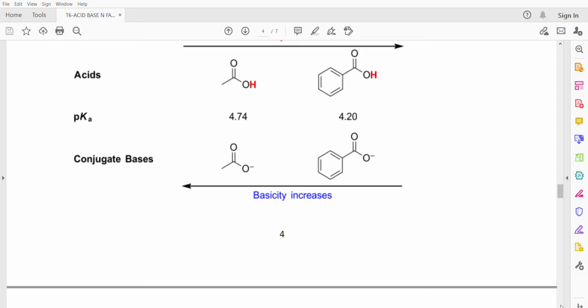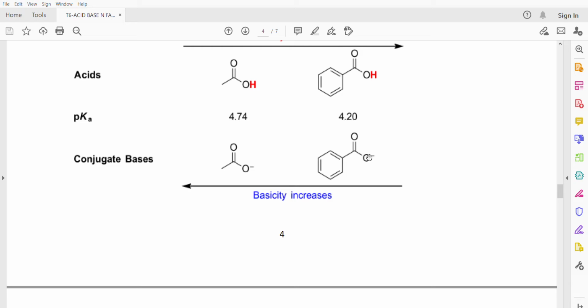And vice versa, if we see basicity, the more easily the negative charge is available for a proton to bond, the more basic it will be. So this negative charge on oxygen is easily available because it is between two oxygens, but here this negative charge is not only delocalized between two oxygens but also in the aromatic system.